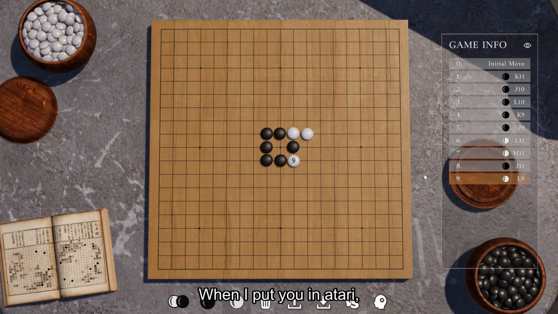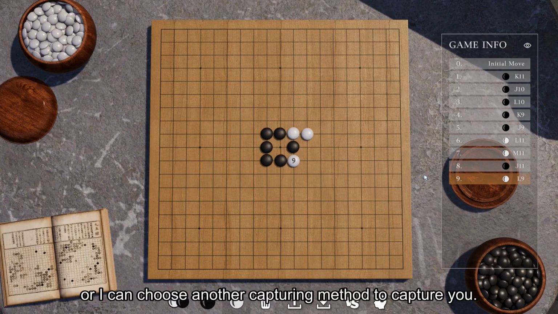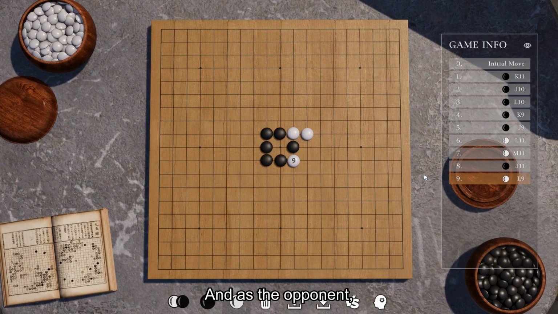When I put you in Atari, on the next move, I can capture your stones, or I can choose another capturing method to capture you. And as the opponent, whether you try to connect the stone in Atari or face the other stones being captured, it is hard for you to save both. So this concept of miai is very important.